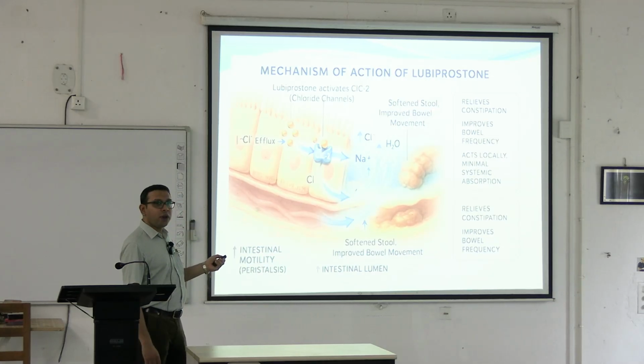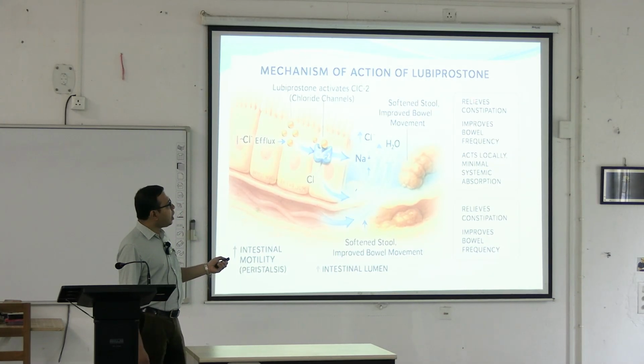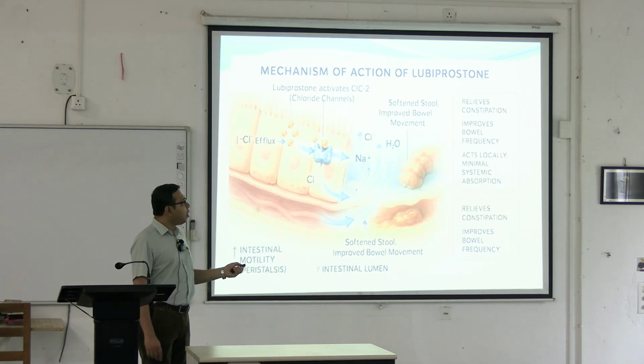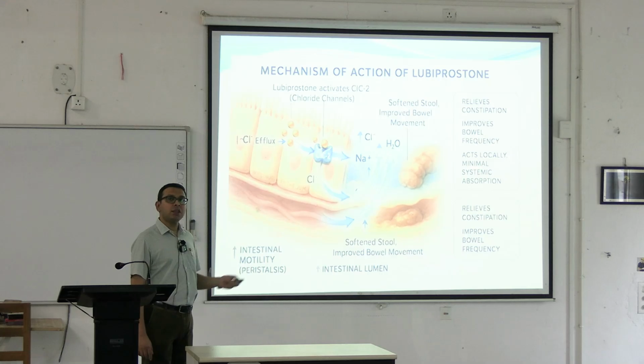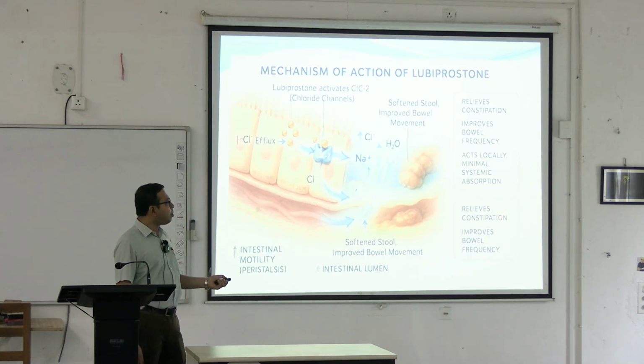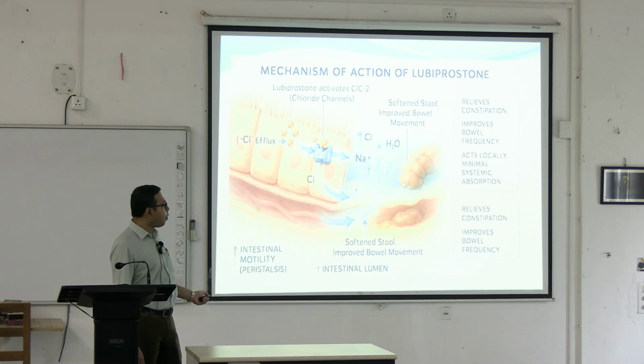So ultimately softening of the stool happens and bowel movement is improved. That ultimately relieves the constipation and improves bowel frequency. It acts locally, with minimal systemic absorption. So softening of the stool and improved bowel movement is the end result of using lubiprostone.